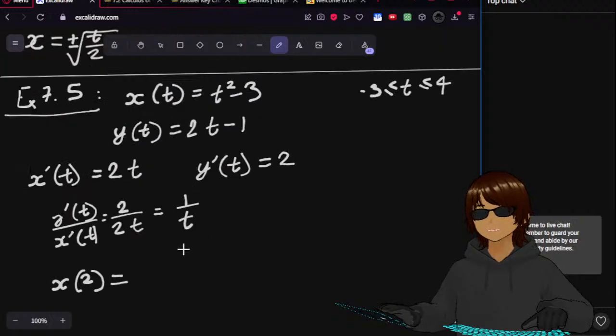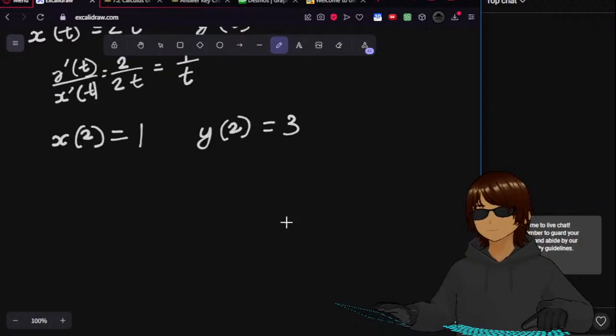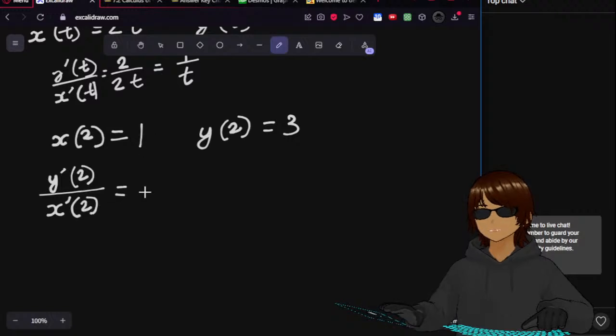When t is 2, then x(2) is 2 squared minus 3, which is 1. y(2) is 2 times 2 minus 1, which is 3. And dy/dx at t equals 2 is equal to 1 over t, which is 1 over 2.